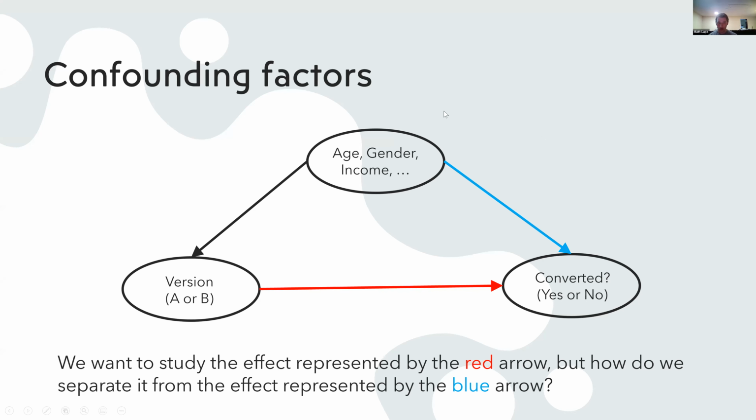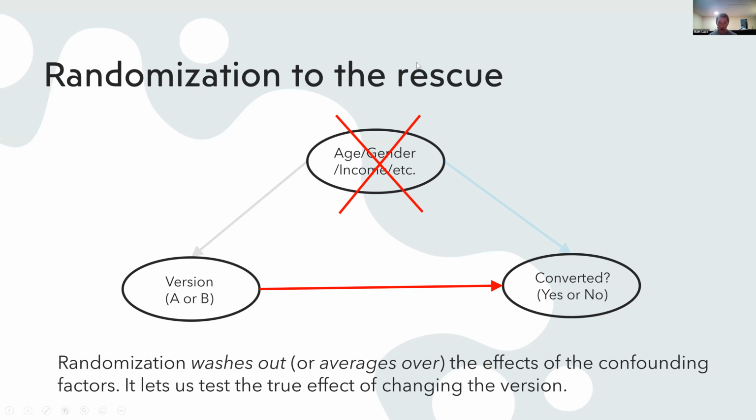I did see one question in the chat. The question is, do people sometimes collect age, gender, income information to ensure the distribution falls along a normal bell curve? So you can do that, and actually if you did collect that information, that might be something you would want in this case where you're stuck not being able to randomize.